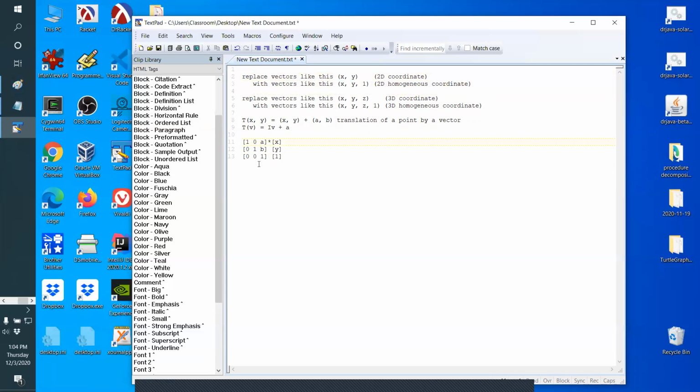Now I'm going to say the translation of x, y, 1 is this. The translation of x, y was this, and the translation of x, y, 1 is going to be this. But now do the matrix multiplication.